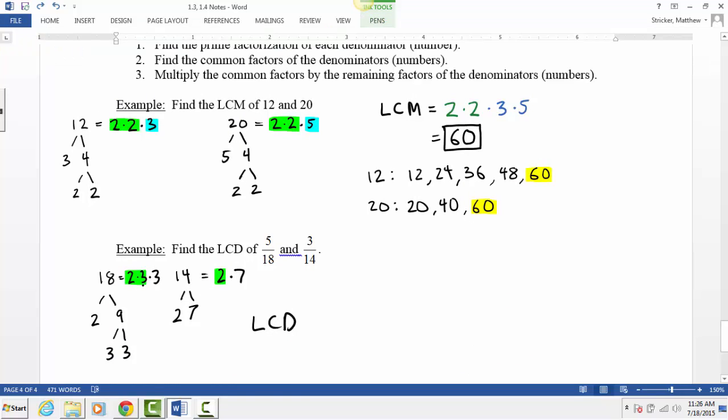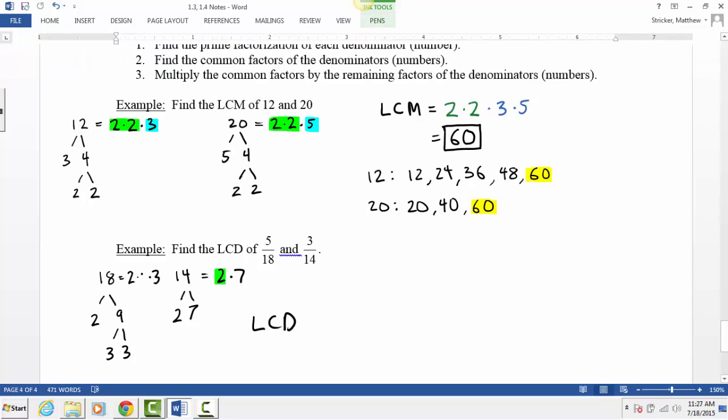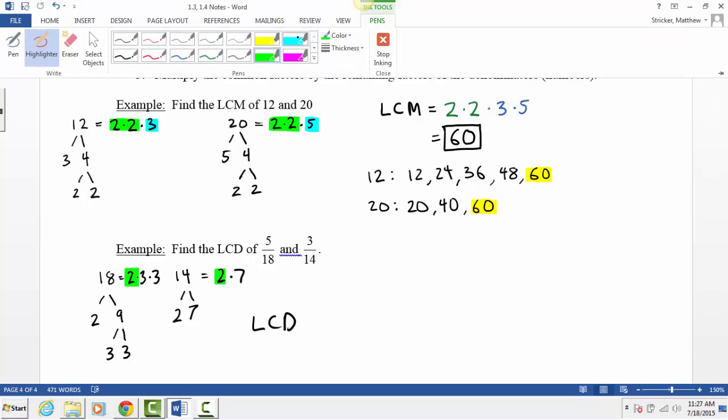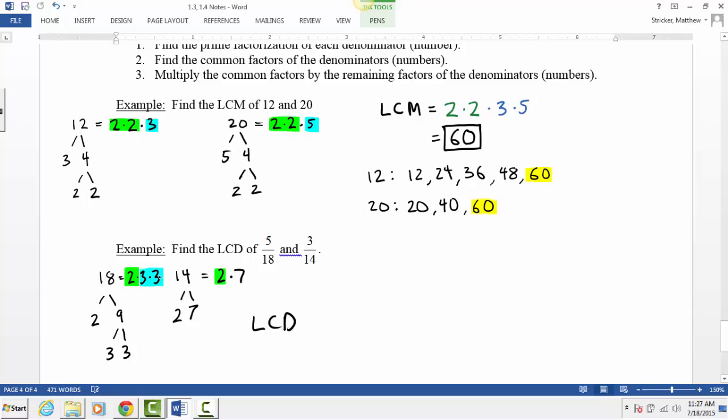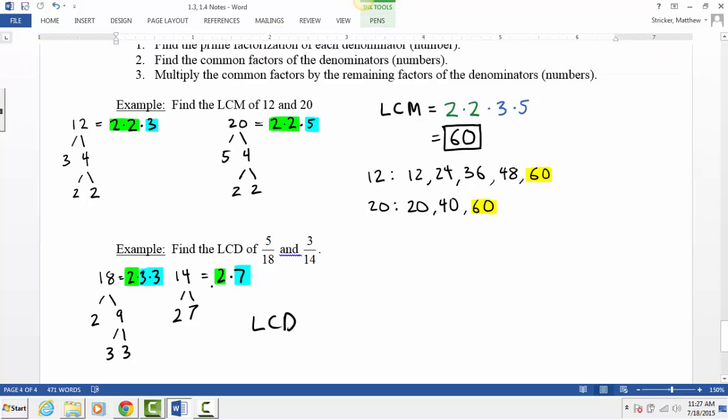I take the factors that are the same, which is they both have 1, 2, and then I multiply them by the factors that are different, which is 2 3's and a 7. So my answer is I'm going to take the factors that are the same, there's 1, 2, and multiply it by what's left in blue, 3, 3, and 7.